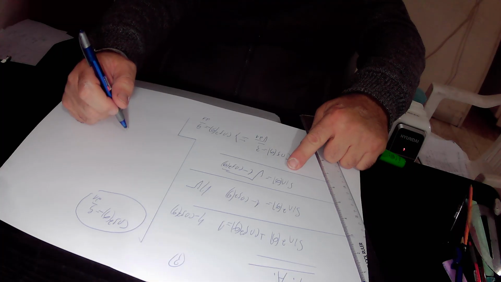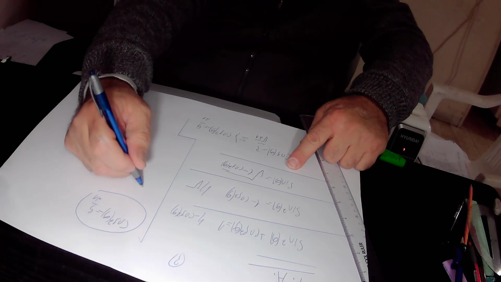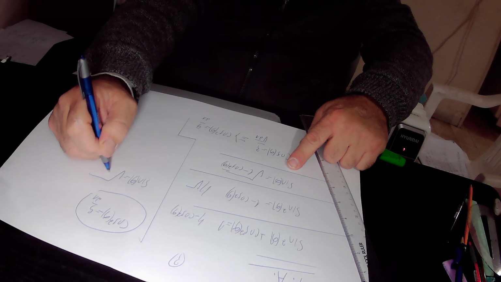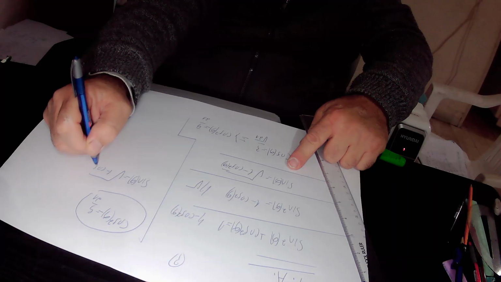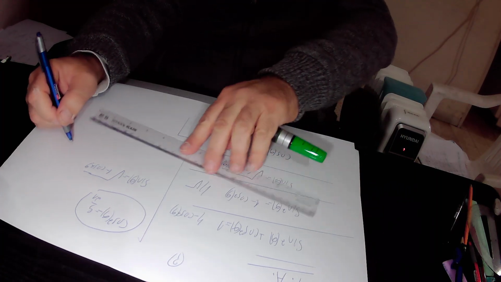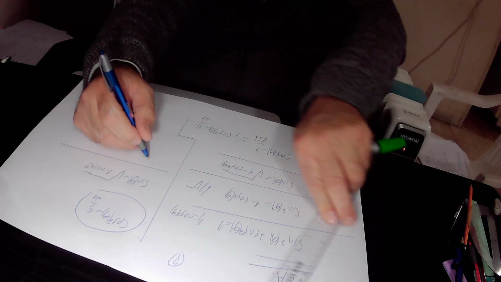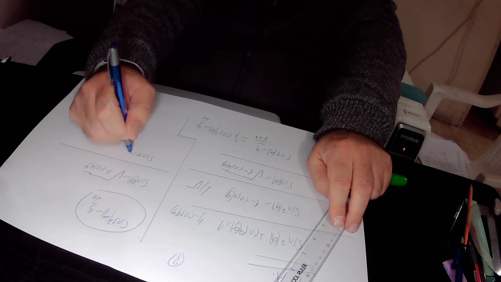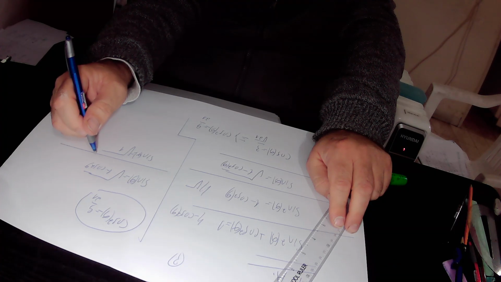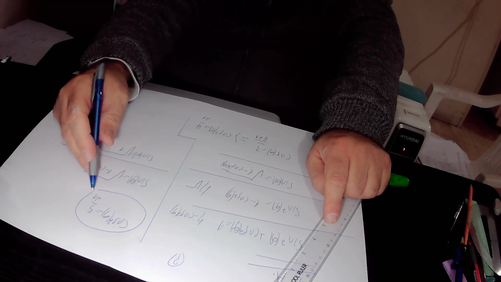So here we have the equation that says that sine alpha equals the square root of 1 minus cosine squared alpha. The cosine squared alpha is 9 over 21.